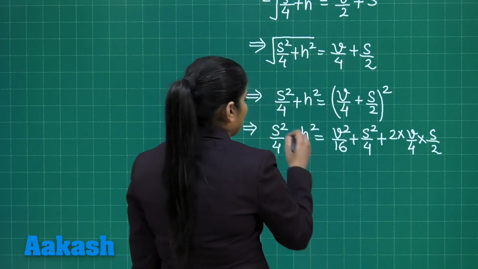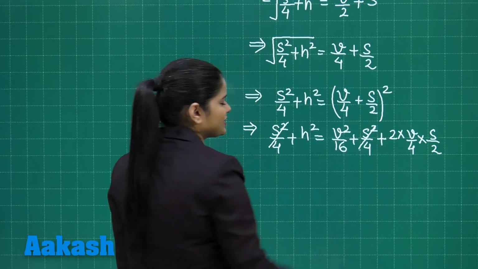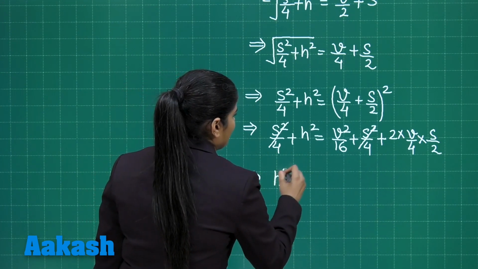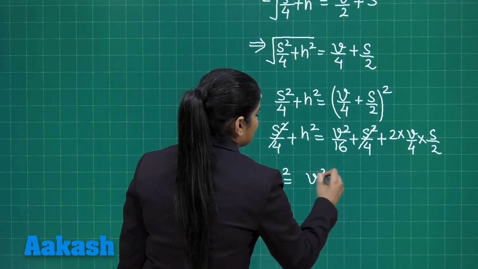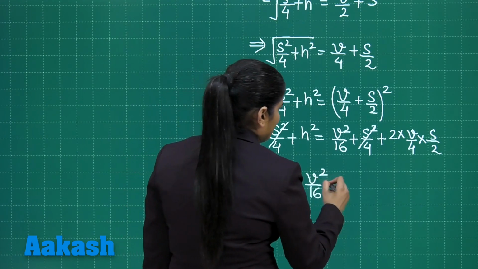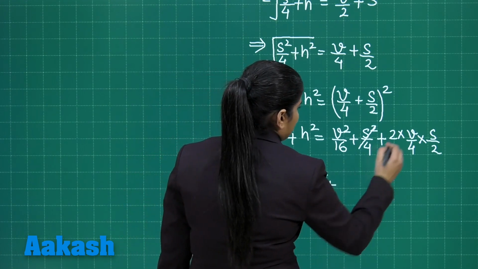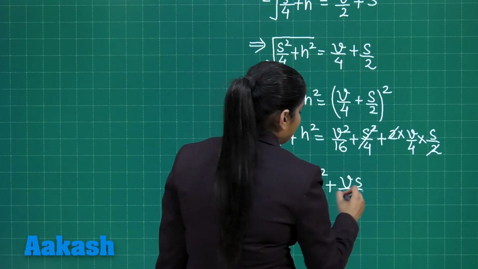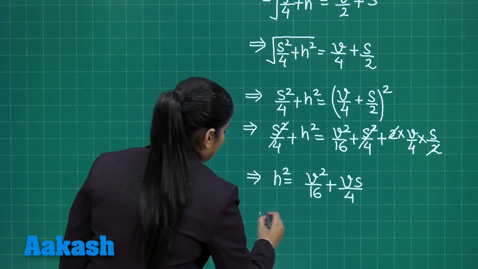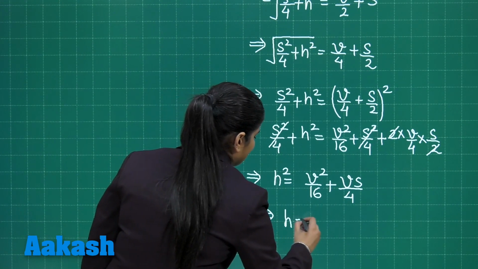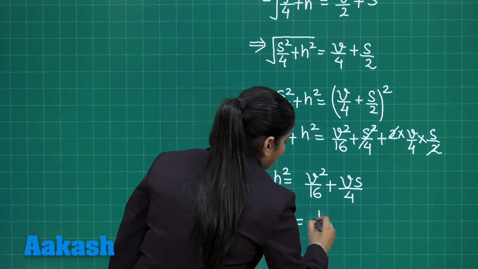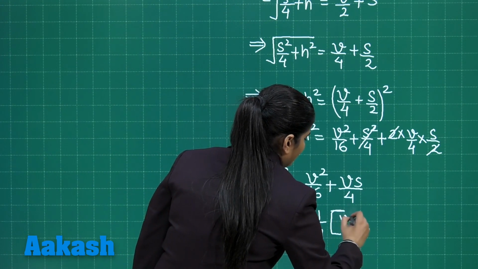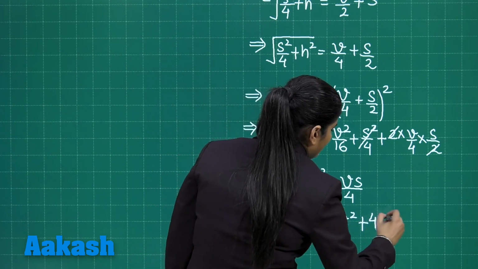Now from both the sides, this s square by 4 and s square by 4 will get cancelled out, and we will get h square as v square by 16 plus, this 2 gets cancelled out, vs by 4. On rearranging this, you will be getting h as 1 by 4 square root of v square plus 4vs.